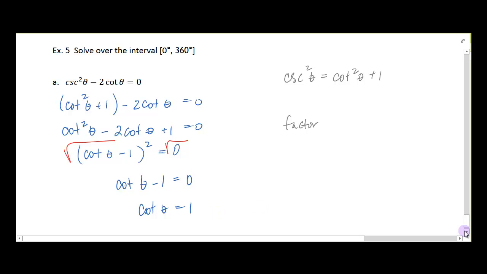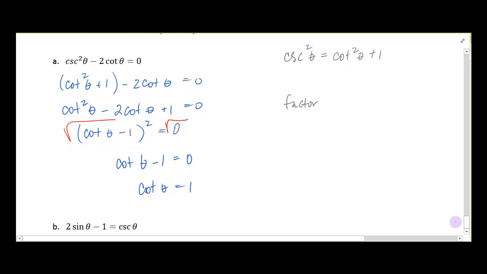Well, that must be angles that are occurring in quadrants 1 and 3, and therefore I'm looking at 45 degrees in quadrant 1 and 225 for the angle in quadrant 3. Okay, so we used the Pythagorean identity, replaced it, and then solved from there.